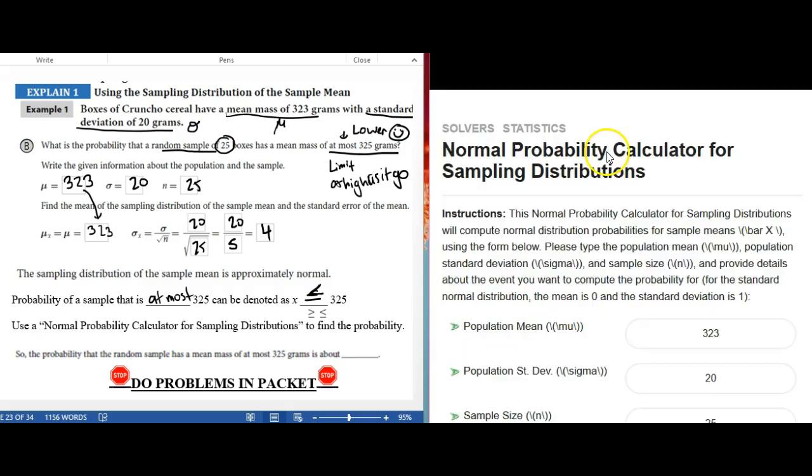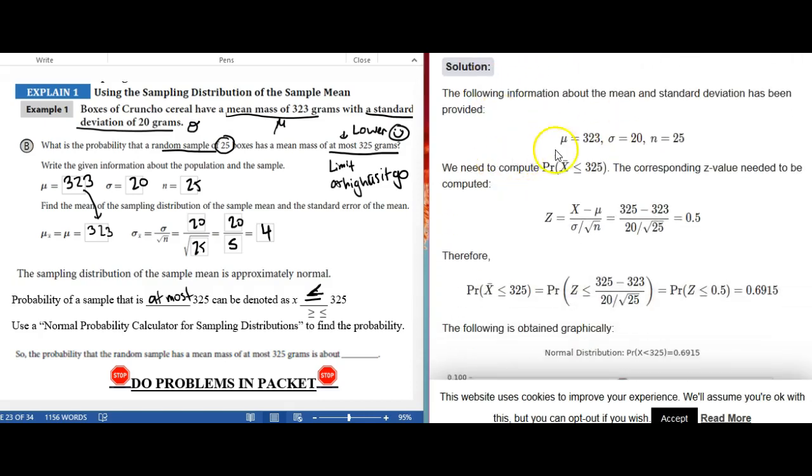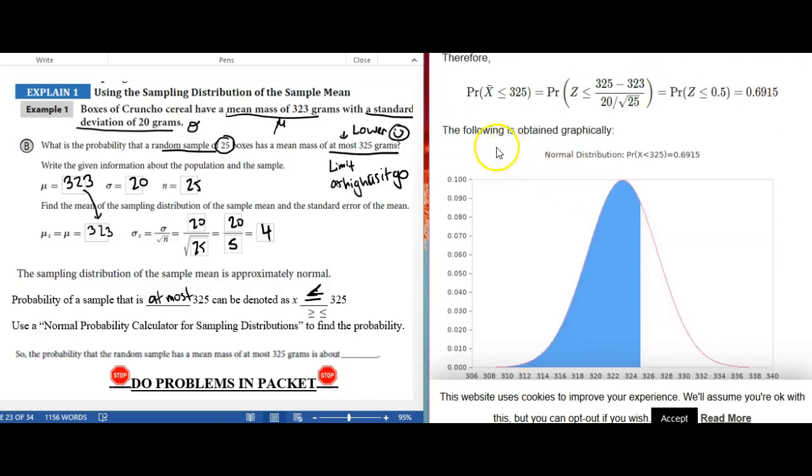And as you can see, it's going to calculate for us. In fact, it says our solution. So it calculated that for us. And it says, therefore, the following is obtained graphically. So here's a visualization of what that means. So it's all the numbers up to 325 or less.